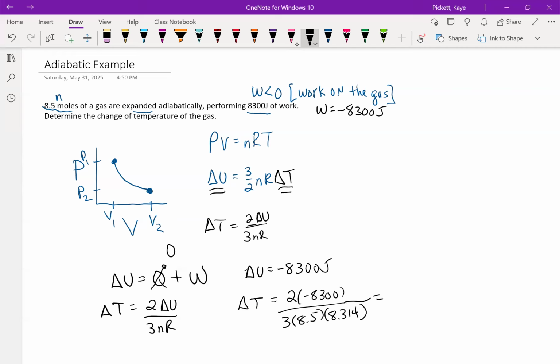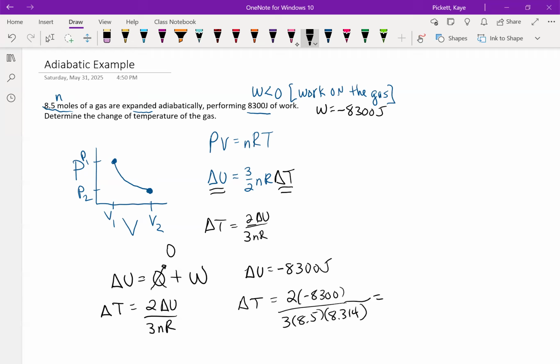I'm going to bring out my handy calculator because I didn't do this in advance. Shame on me. So I've got 2 times 8,300 divided by 3 times 8.5 times 8.314.